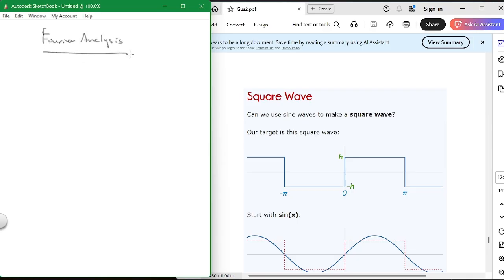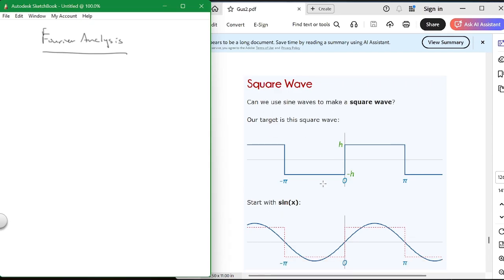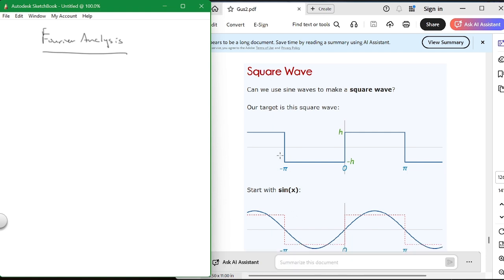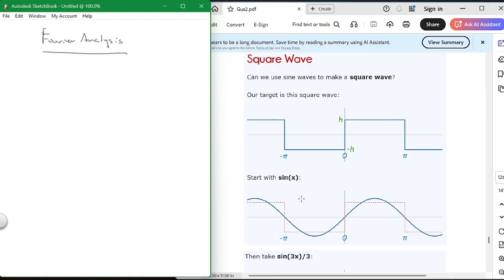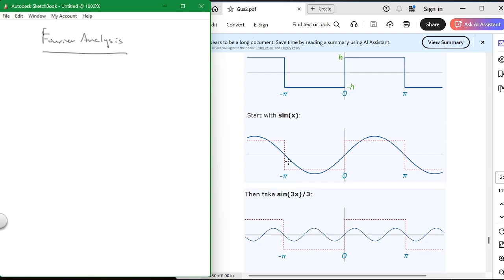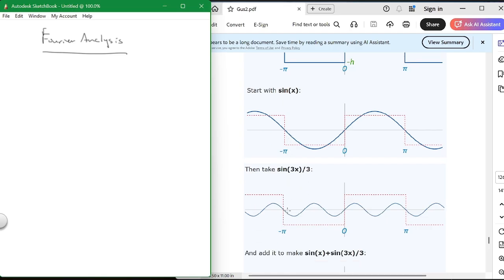And I'm not expecting you to do this calculation here, but I want to show you what you can say. You can actually see that anything other than a sine wave is made up of sine waves. If I have a square wave, it's the same as saying a sine wave with a bunch of higher frequencies.